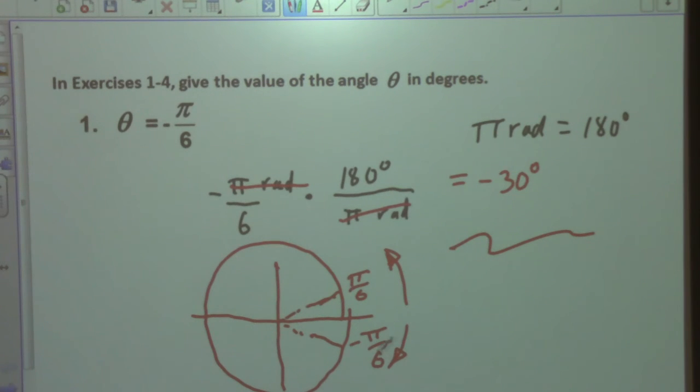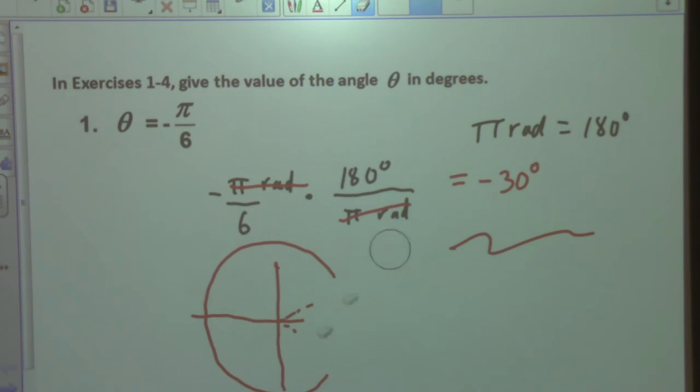And if you look at negative pi over 6 on our unit circle, it's the same thing as 11 pi over 6, isn't it? You see where it says 11 pi over 6? So 11 pi over 6 and negative pi over 6 are what we call coterminal angles. And we'll talk about coterminality later on.